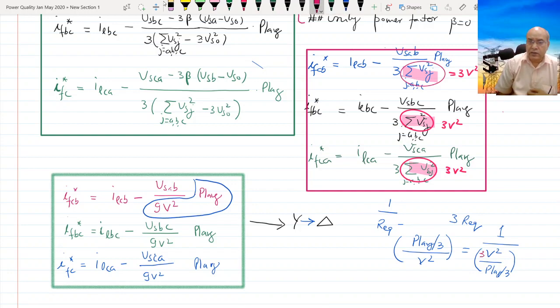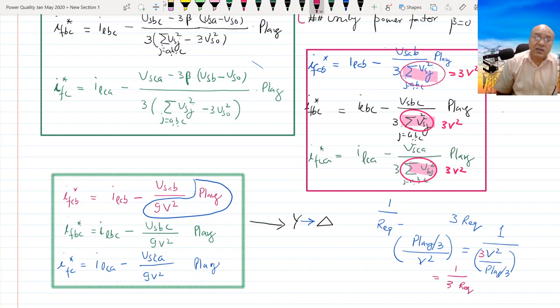So therefore it becomes 1 by 3 R equivalent, which is correct, because if this reflects a delta connected load equivalent to the previous one with the same power, then it must be thrice of that. If you convert the delta into star, the resistance between A and B becomes thrice of that. And this is line to line voltage.